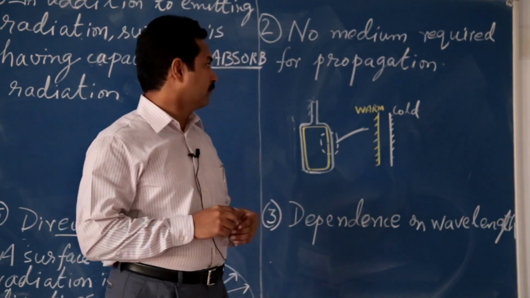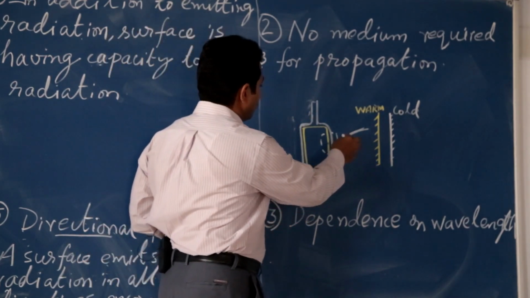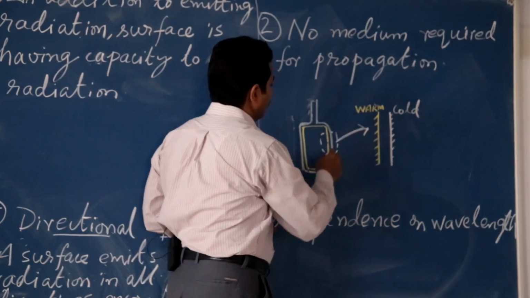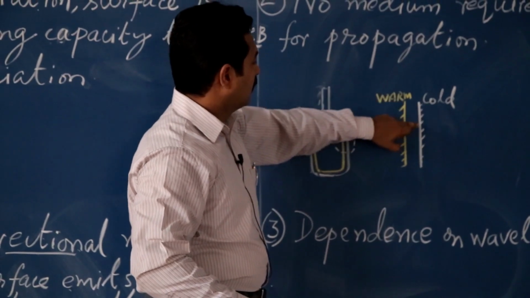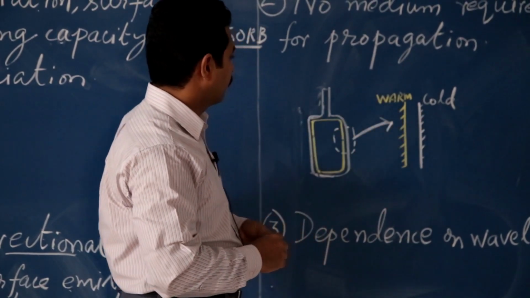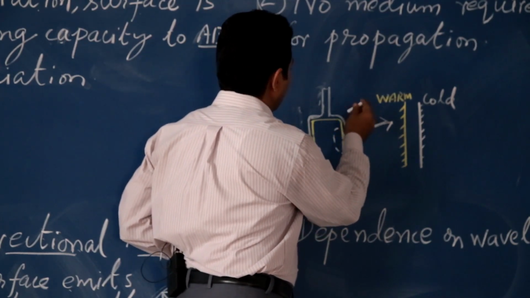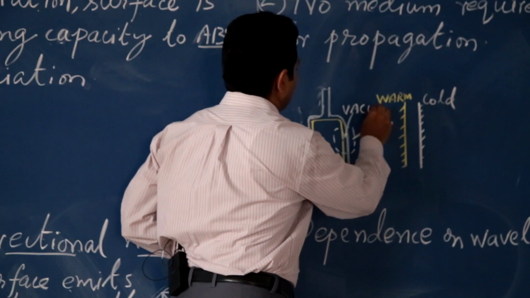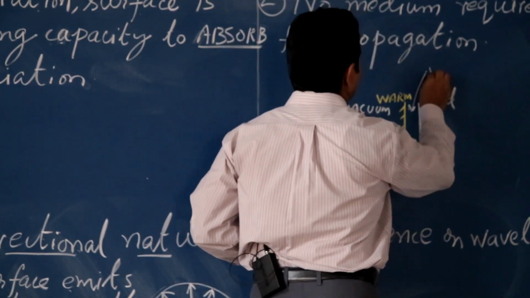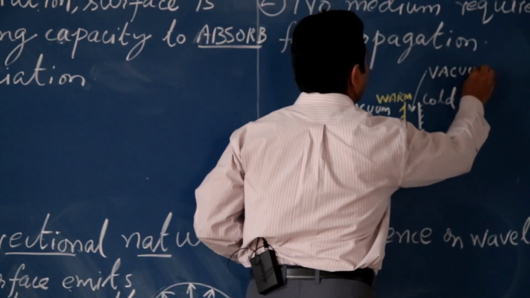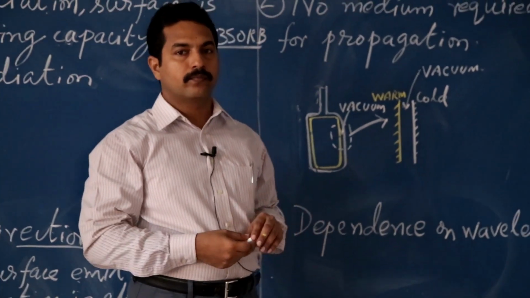Consider a thermos flask. Here I have taken one section. This portion we can consider at a higher temperature, and this at a lower temperature. In between is evacuated, that means it is vacuum. What is the advantage now?